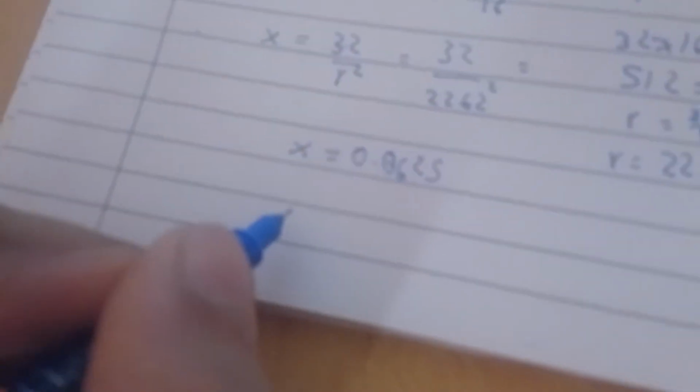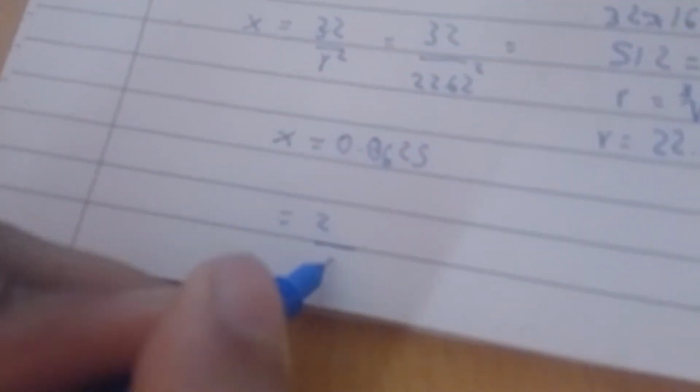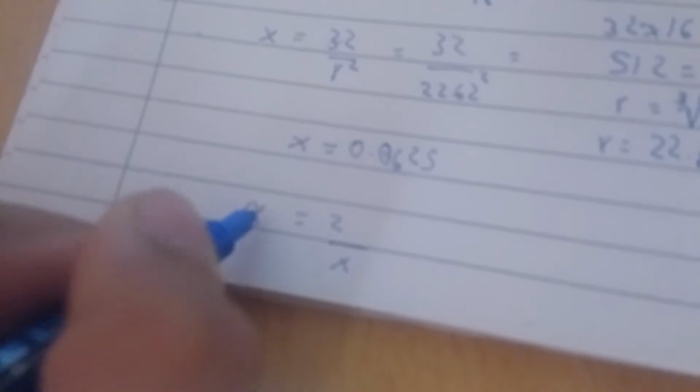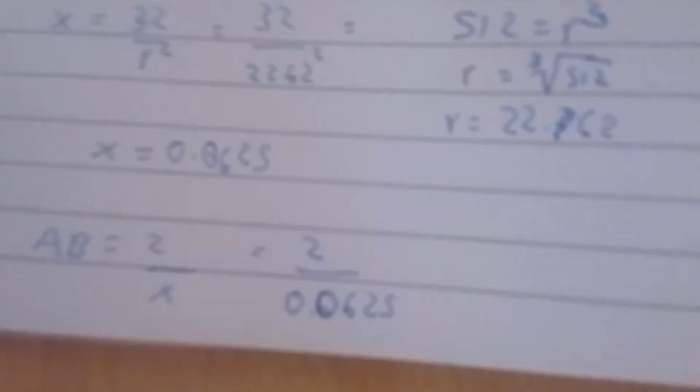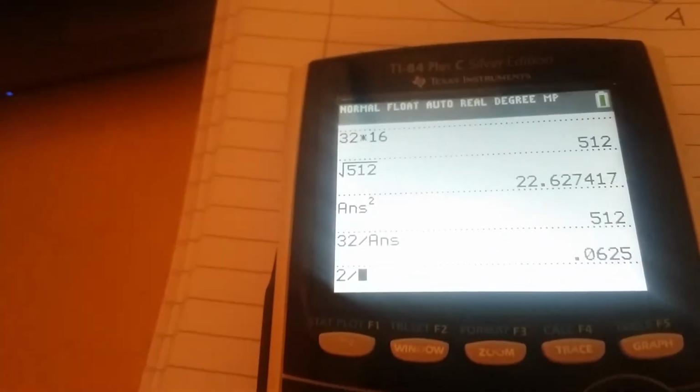And now finally, to find the length of the arc, because the length of the arc AB is 2 by x here. So AB is equal to 2 by x is equal to 2 by 0.0625, which is equal to, if I just use the calculator for this again, 2 by answer is 32.